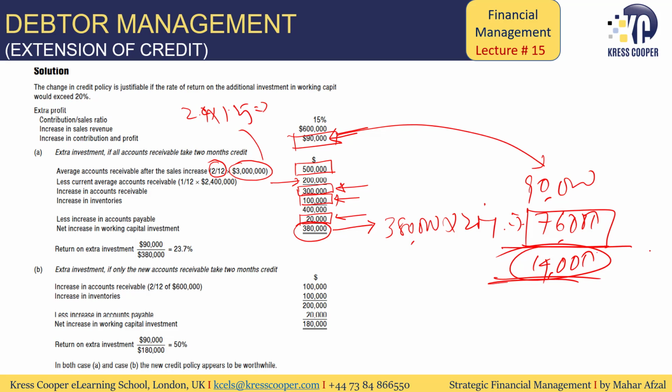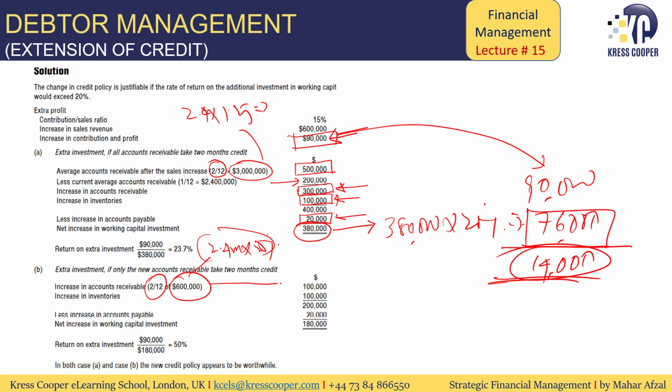In case of the second option, only new customers will take the benefit of 2 months, but existing customers will keep paying on a monthly basis. So how much is the incremental sales? 600,000, which is equal to 2.4 million into 25%. So 600,000 times 2 by 12.